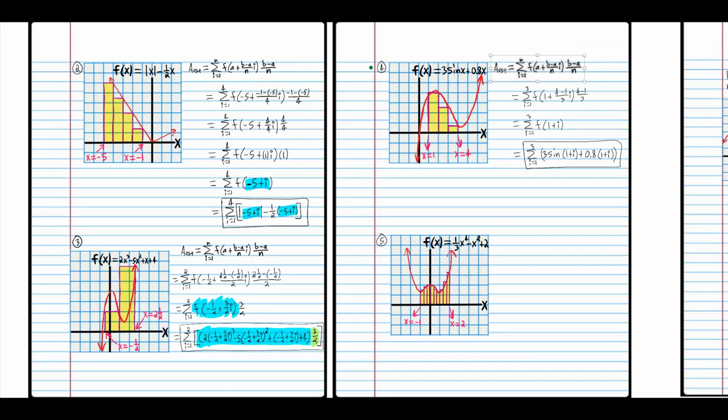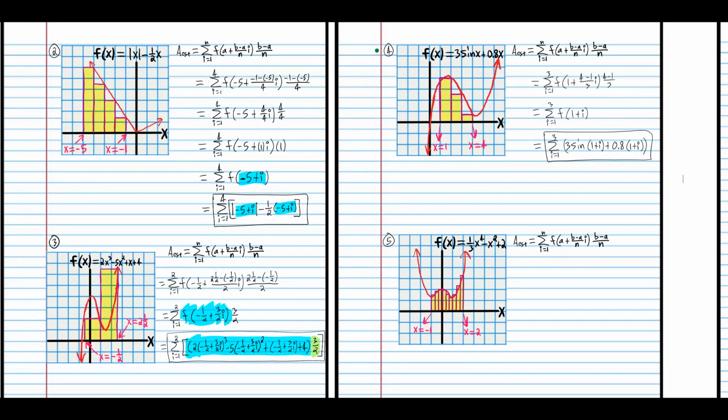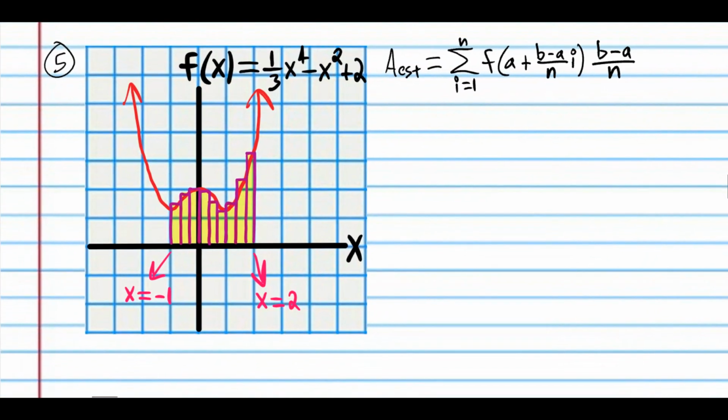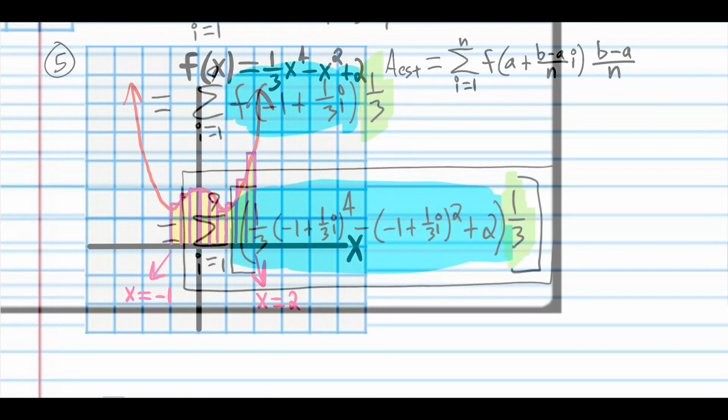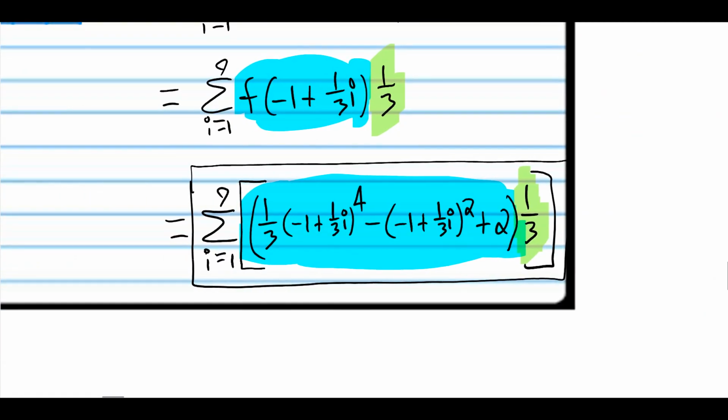So again, that's this same formula. So I'll write that there for you. So try number 5. When you come back, we'll do it together. Okay, we're back. So if you got that answer, excellent.